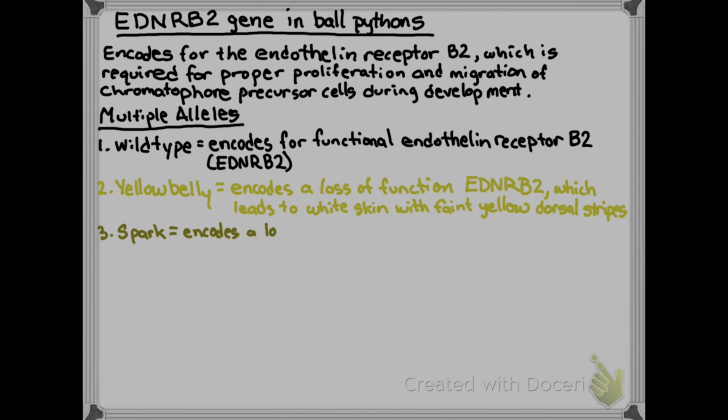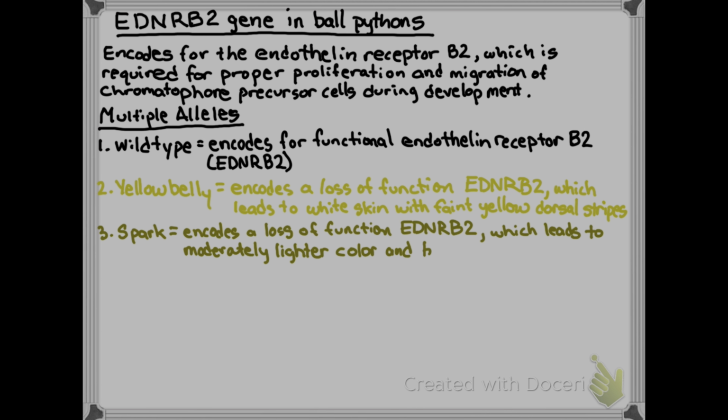A third allele for this gene is what's been called the spark allele, and that encodes for a loss of function EDNRB2 as well. But this leads to moderately lighter color in the ball python and black dorsal stripes. Similarly, there's the specter allele.